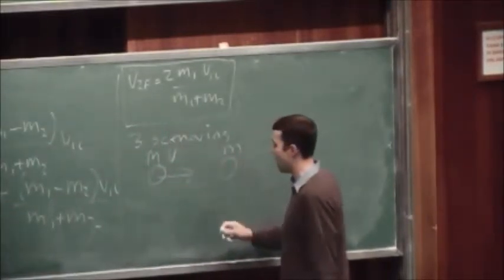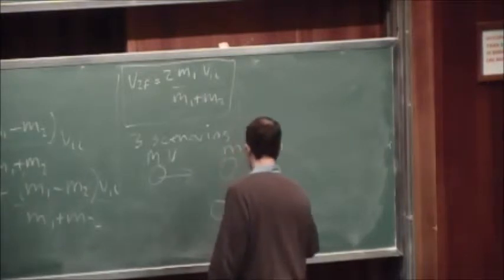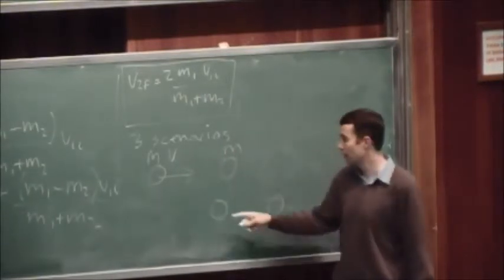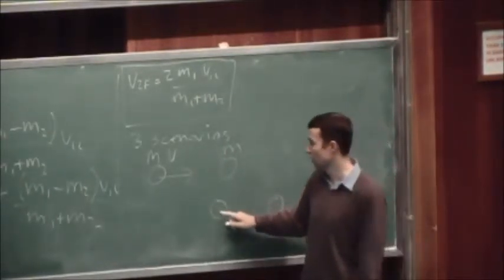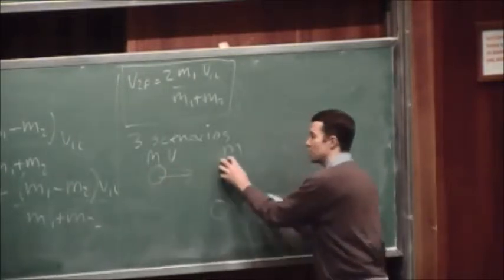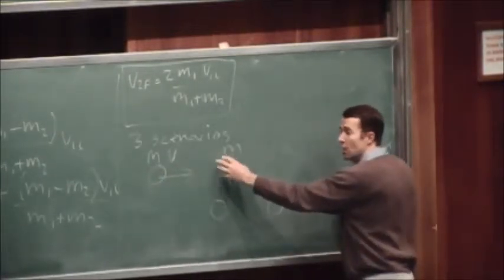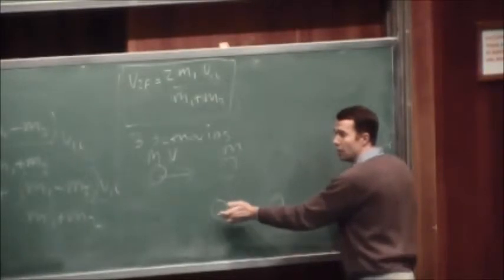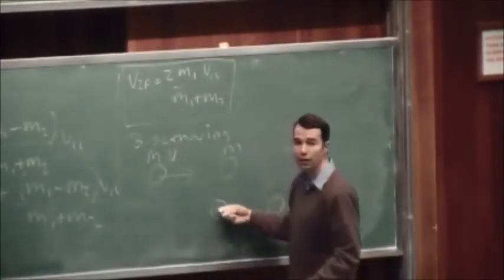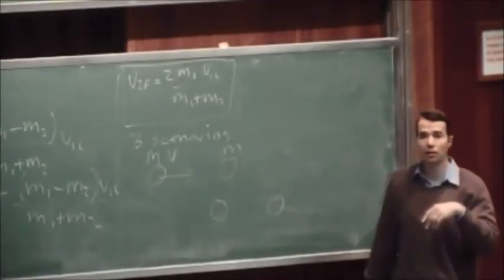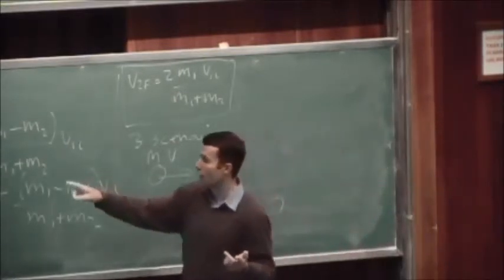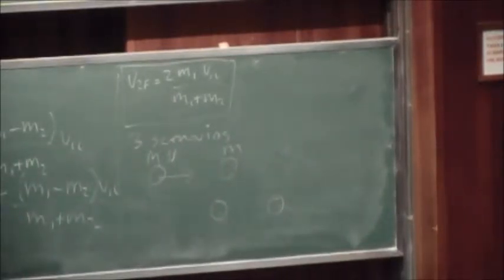Afterward, what will be the velocity of ball one after they collide? Yes, 0. Because mass 1 and mass 2 are the same, the final velocity of ball 1 will be 0.